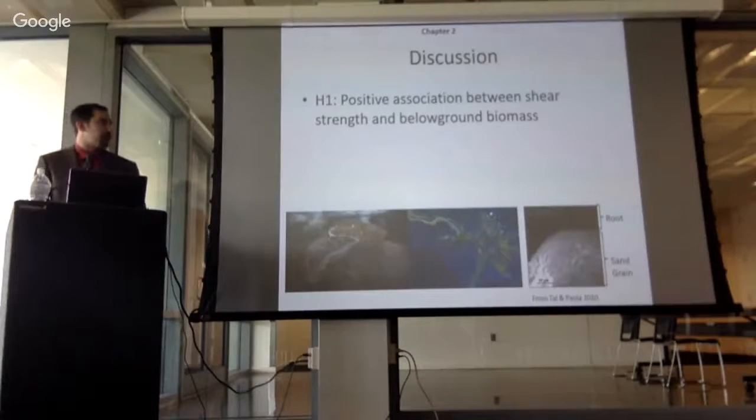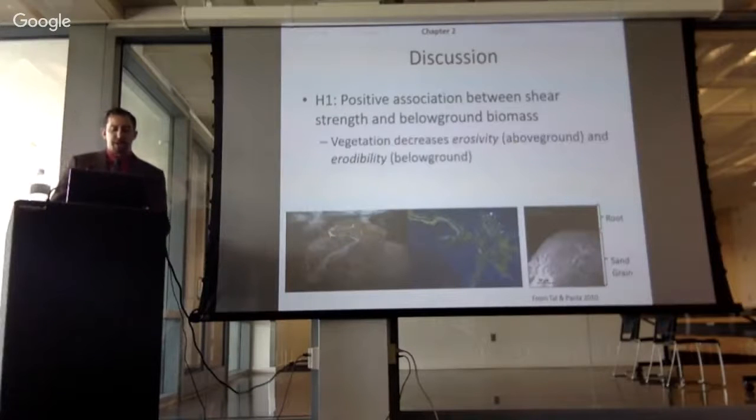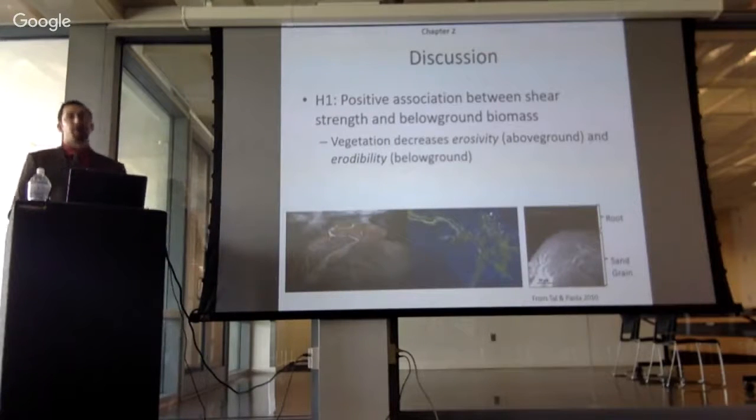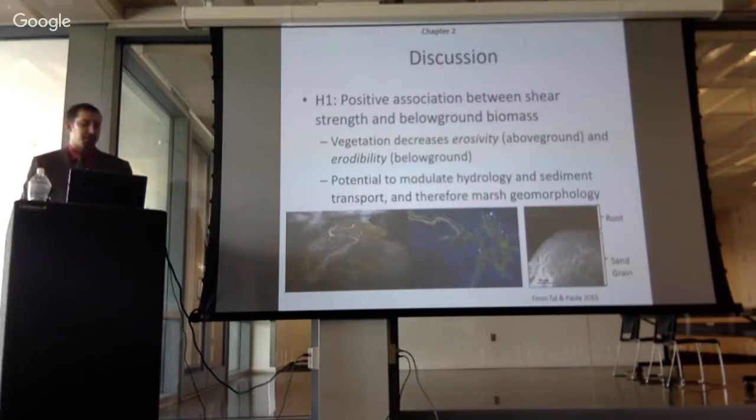We do see that positive association that suggests that the vegetation is not only decreasing the erosivity of the water through friction of its above ground biomass, but also should be reducing erodibility by its below ground biomass. This means that plants have the potential to affect the hydrology of a building delta, affecting the future geomorphology.